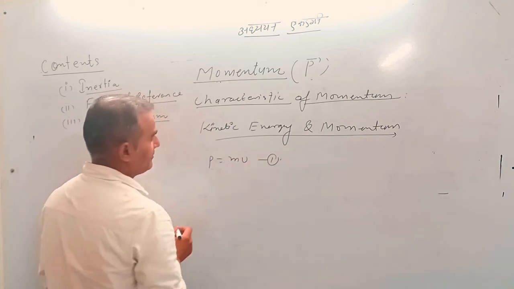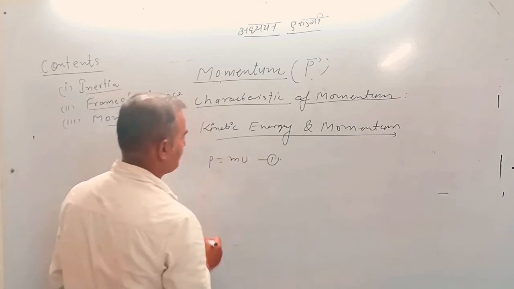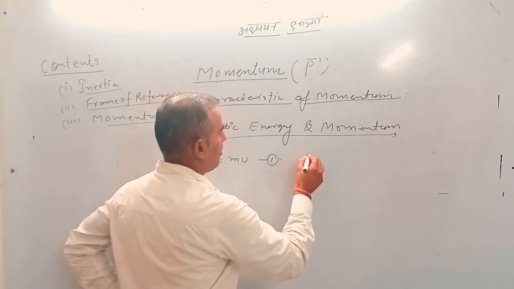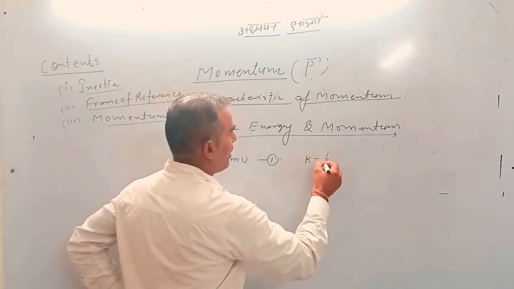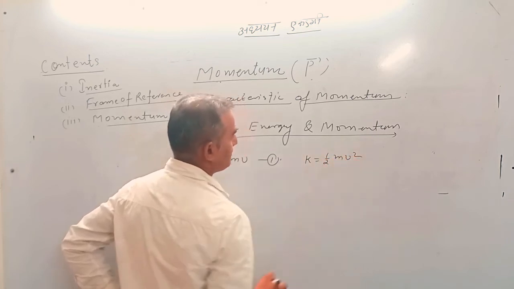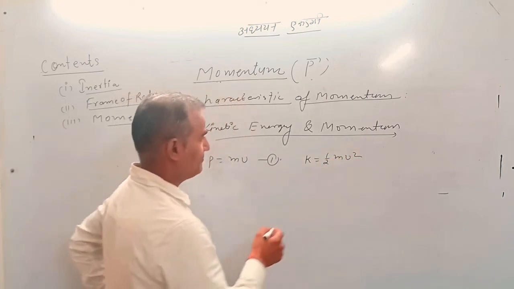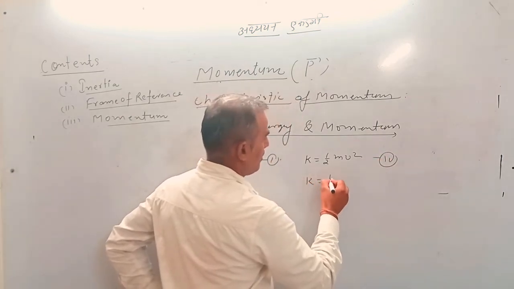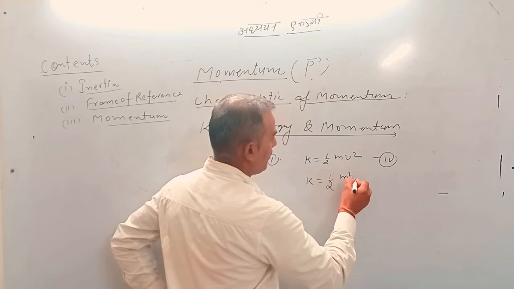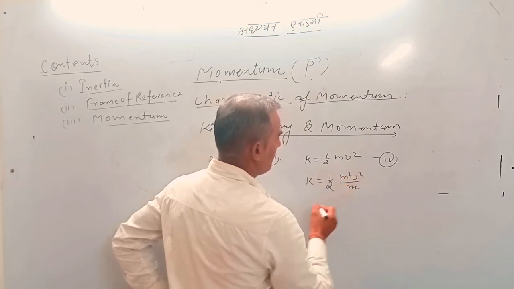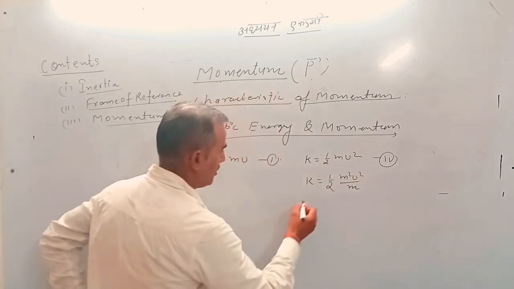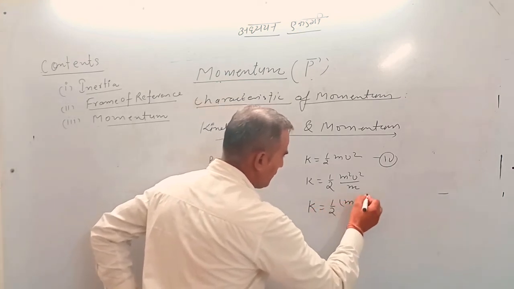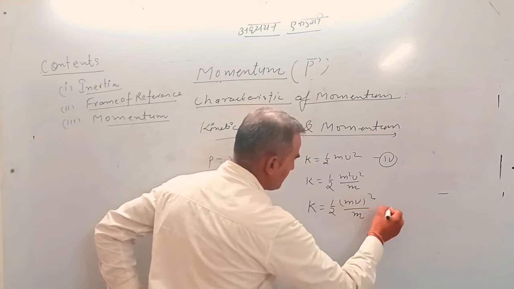If you square both sides, you get P square is equal to m square v square. And K is equal to half mv square, so K is equal to half m square v square upon m, or K is equal to half of mv whole square upon m.